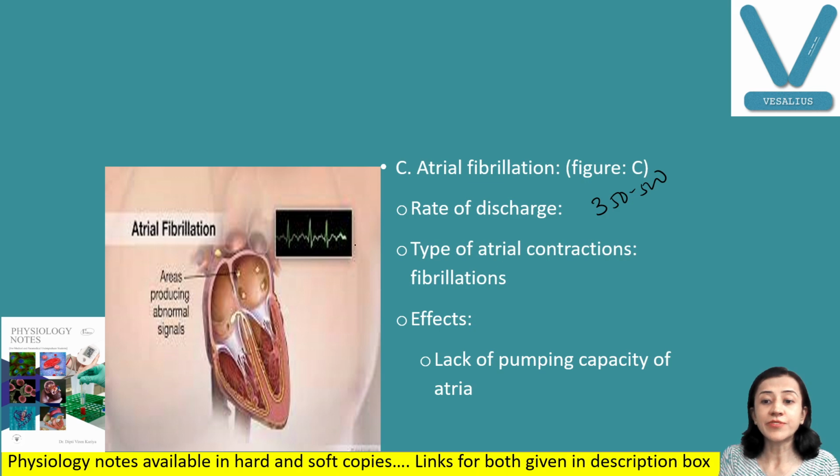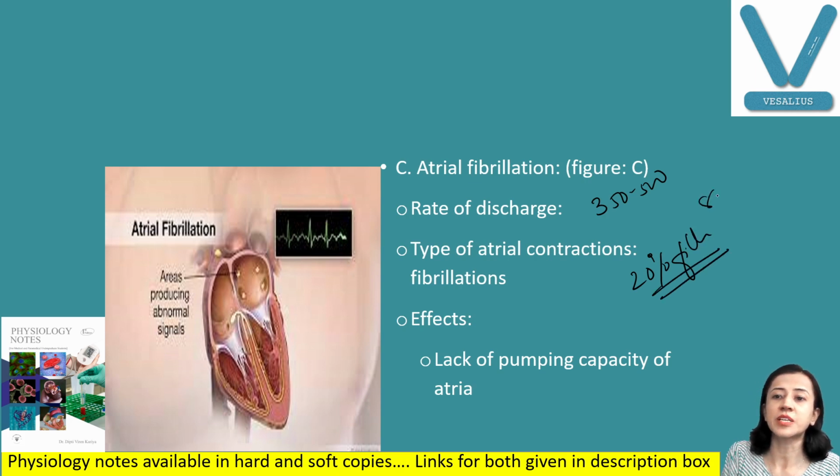Because of this, the atria cannot pump an effective amount of blood during atrial contraction, but it has not much effect on cardiac output, because atrial contraction provides only 20% of ventricular filling. Otherwise 80% of filling takes place during atrial diastole, so it has not much effect on the cardiac output.